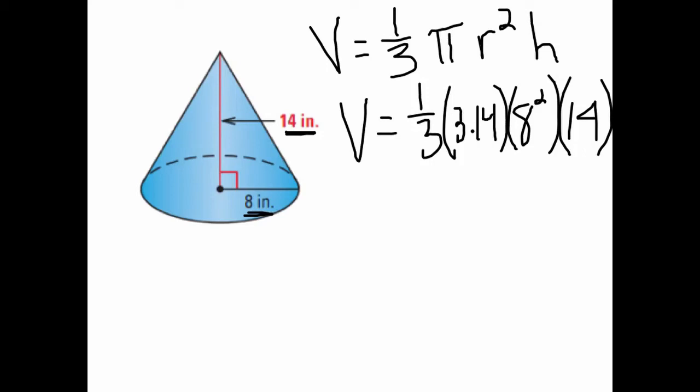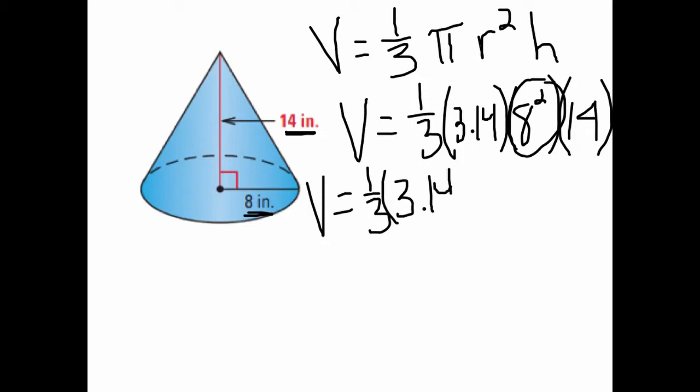Now, all I have to do is simplify out these numbers by multiplying. But let's go ahead and take care of 8 squared first and rewrite that out. So volume equals 1/3 times 3.14, and then 8 times 8 is going to give me 64 times 14.